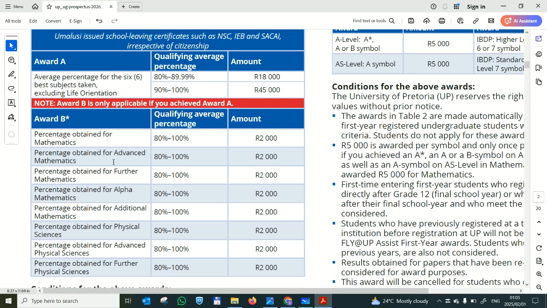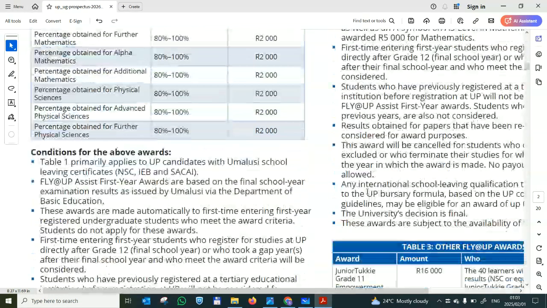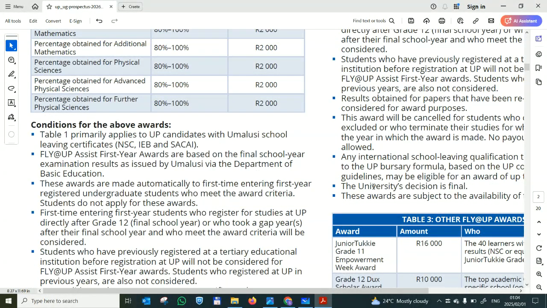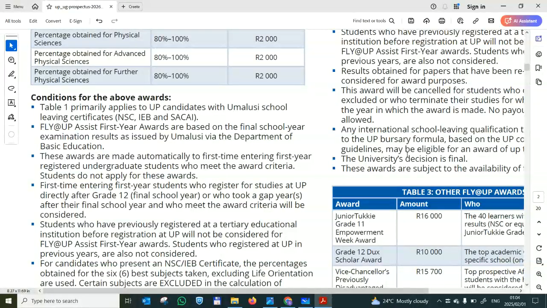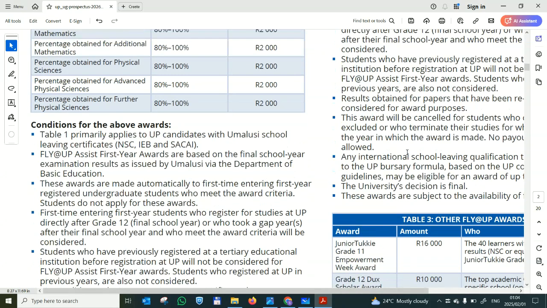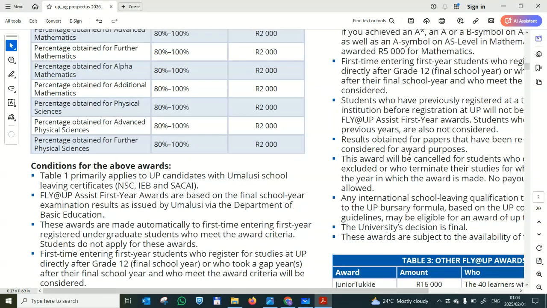They also give a further award if you get maybe 80 to 100 for mathematics, an additional 2,000. So just go and look into the brochures or prospectuses of the different universities, to get to know what you can get if you achieve a certain percentage. That will also help.